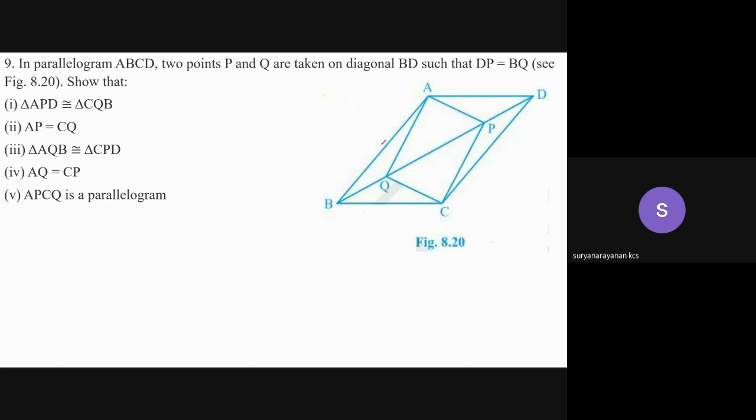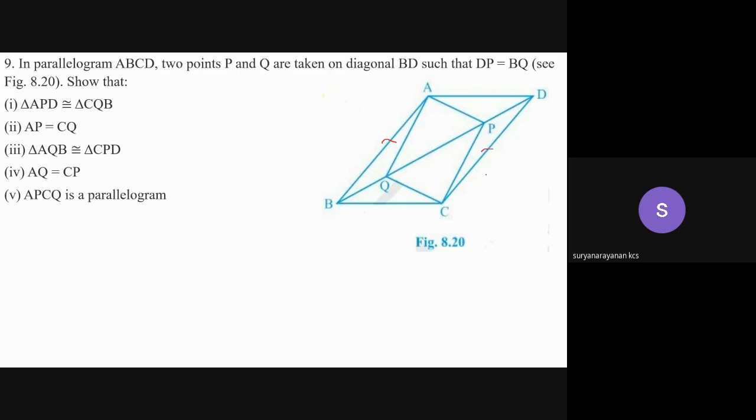Can we mark the opposite sides are equal like this? What are the properties of a parallelogram? Tell me, what are the properties of parallelogram? Side properties. Sir, opposite sides are equal. So let us mark them. Opposite sides.